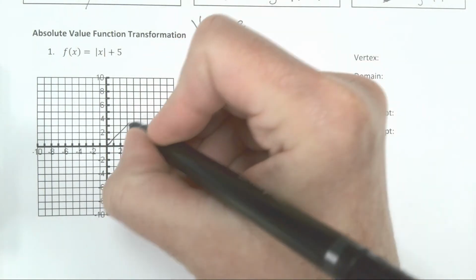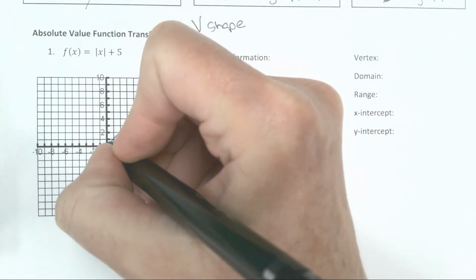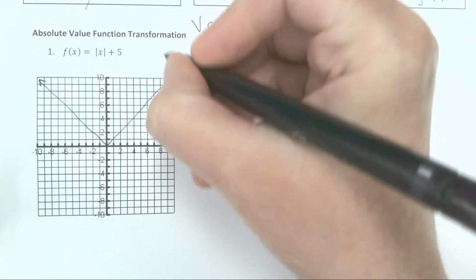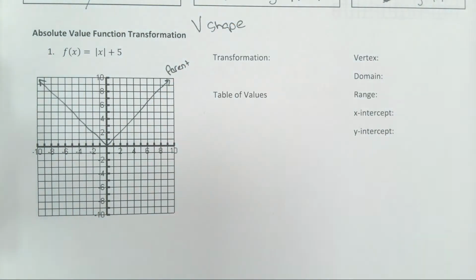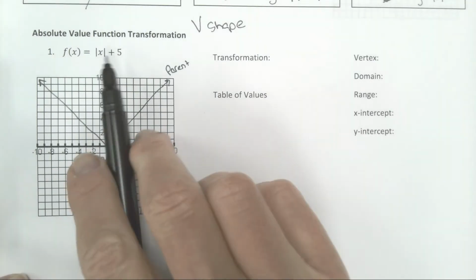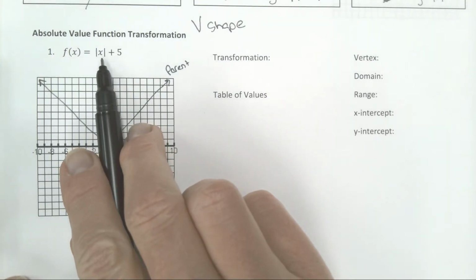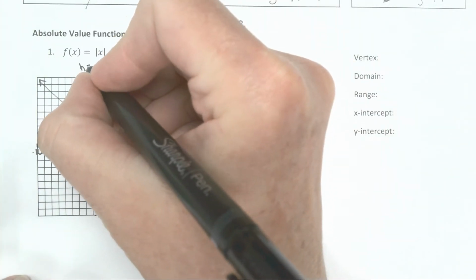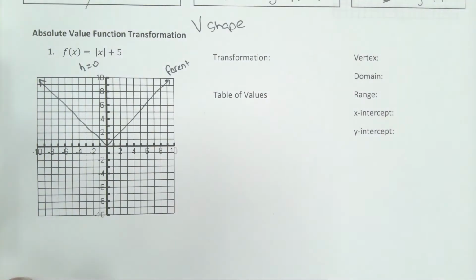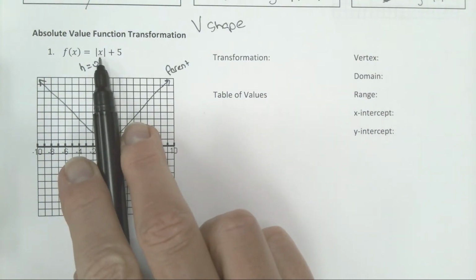I'm going to sketch on here what the parent function looks like. So there is your basic absolute value parent. So I don't have anything here with the x. And so that basically means that h is 0. There was no left-right movement.